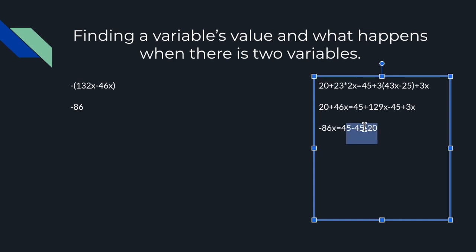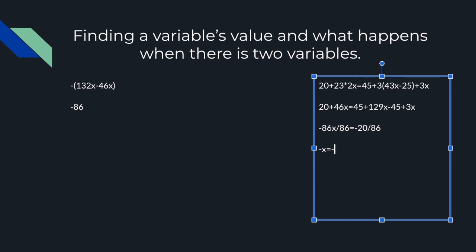And this, of course, crosses each other out, so negative 20. So now we can divide this by 86, divided by 86. So now we have negative x equals 20 divided by 86, or whatever you got.